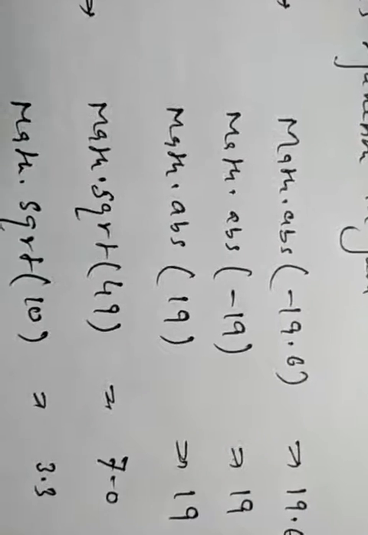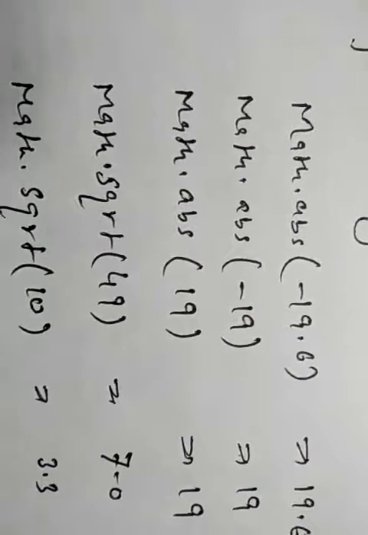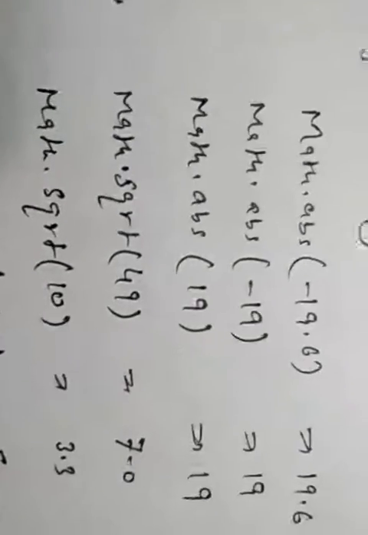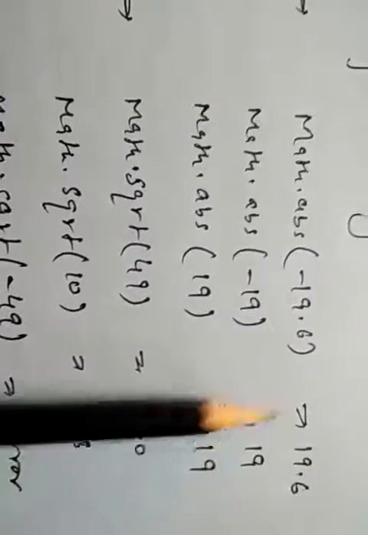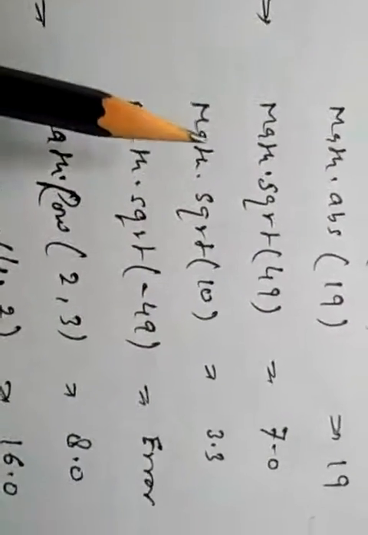And Math.abs(-19), the answer will be 19, and Math.abs(19), the answer will be 19. So here we will get only the positive value, and if the value is in decimal, then the answer will also be in decimal.